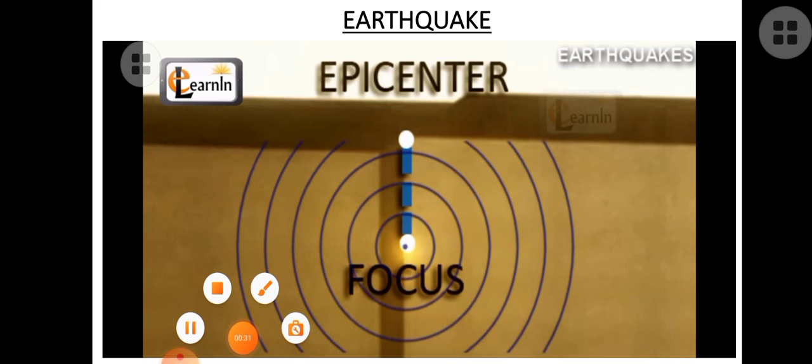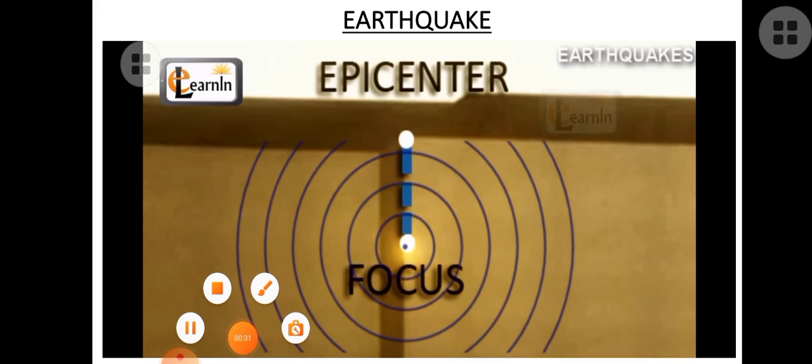And the surface of the crust, the outer portion of the earth, which is straight above the focus, the point of the earth's surface directly above the focus, is called the epicenter.